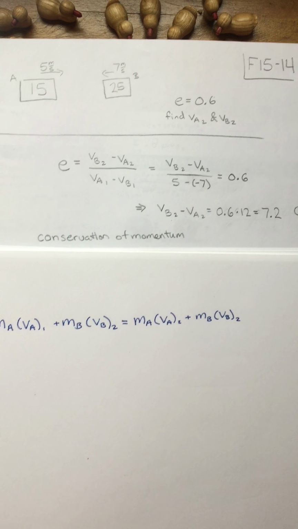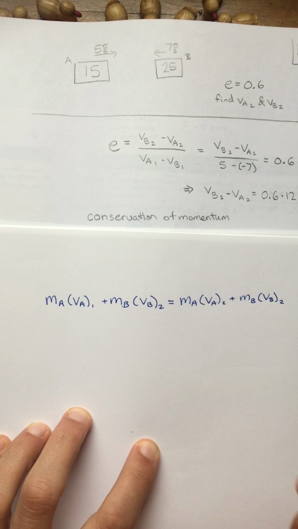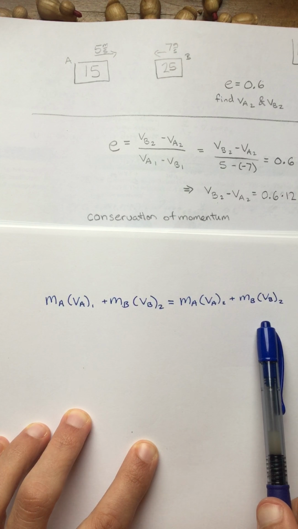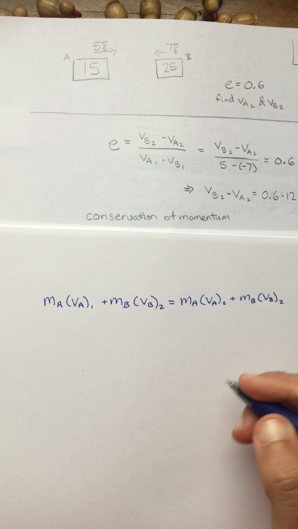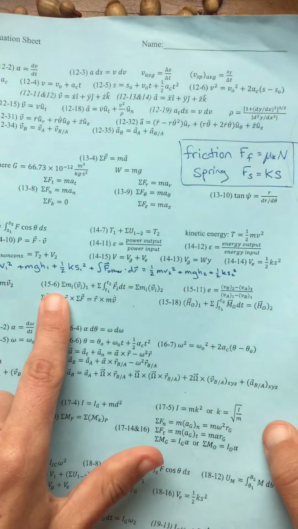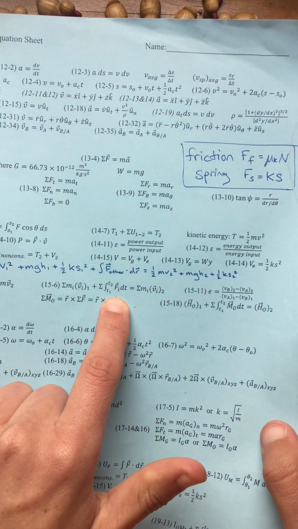For equation 2, we're going to look at the conservation of momentum, and they give me this equation in section 15.4, but in order to use this equation, which comes from equation 15.6, I need to check to make sure that the impulse in the x direction is equal to 0.